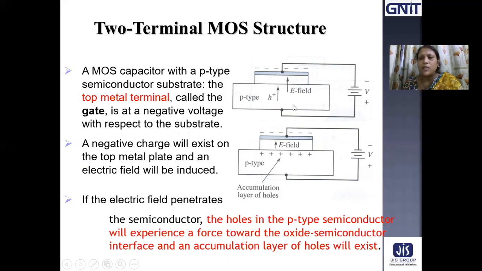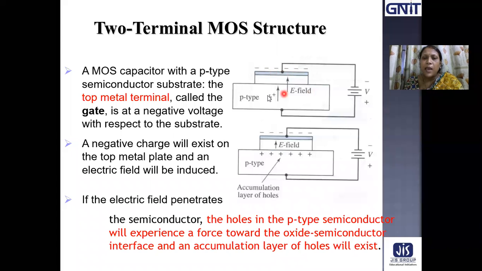So we can consider it as a parallel plate capacitor. Parallel plate capacitor means these two plates, the metal plate and the bulk semiconductor, are separated by the oxide layer, that is the dielectric layer. So as per the rules of the capacitor, if this side is negative, this side should be positive.